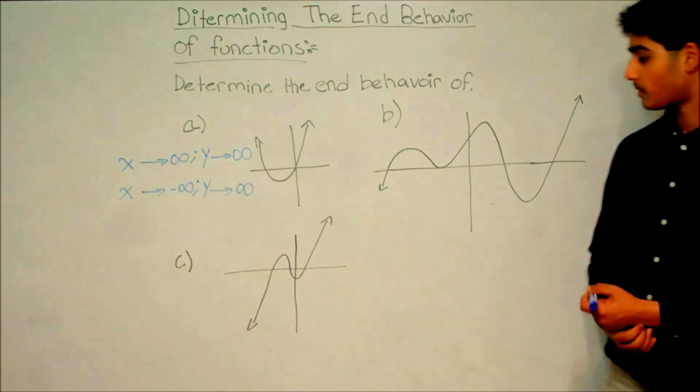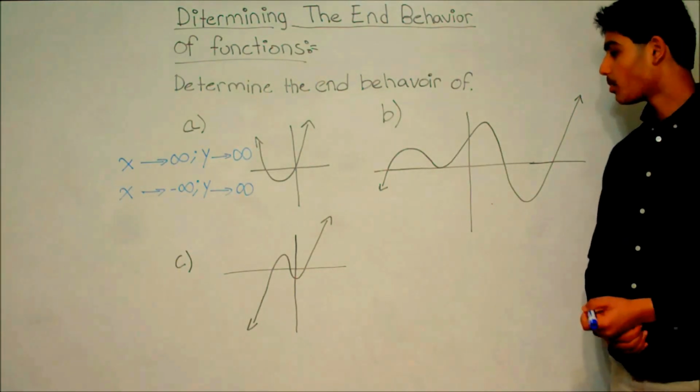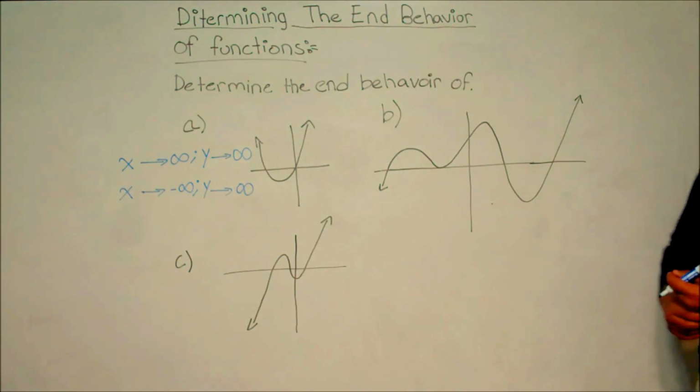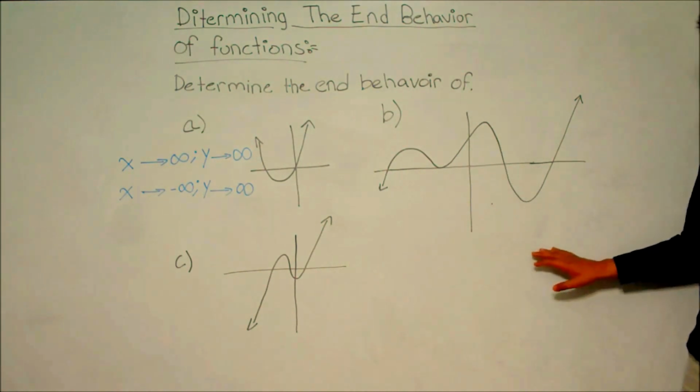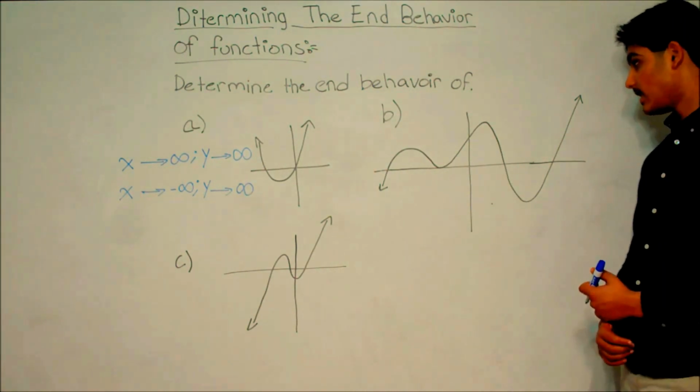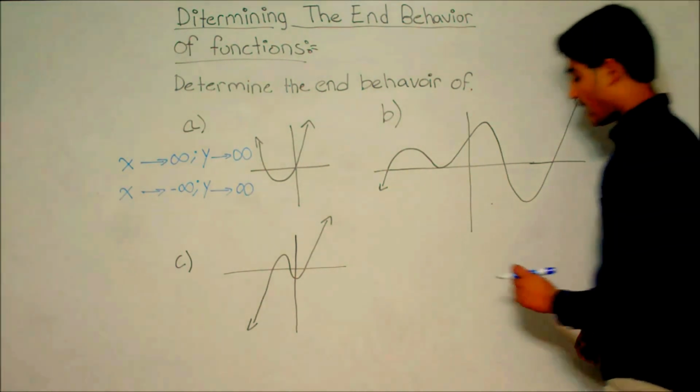Now let's move on to problem B. In problem B, here we have a graph that has lots of ups and downs, as we can see. But we still have the same form.